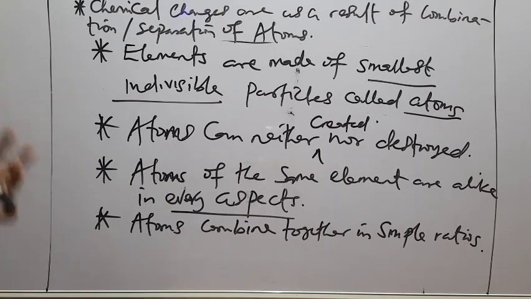Dalton also states that atoms can neither be created nor destroyed. This is correct for simple chemical reactions. But when you talk of radioactive decay, we see that atoms can be created and atoms also can be destroyed. Then the third one says that atoms of the same element are alike in every aspect.